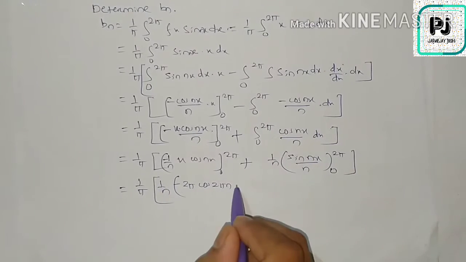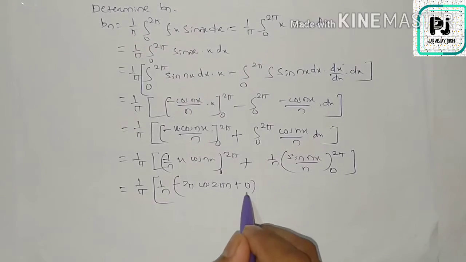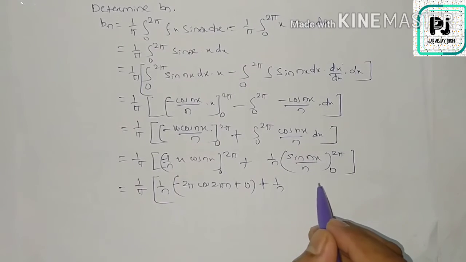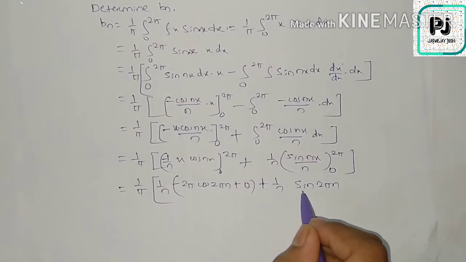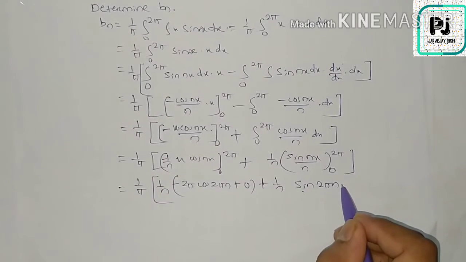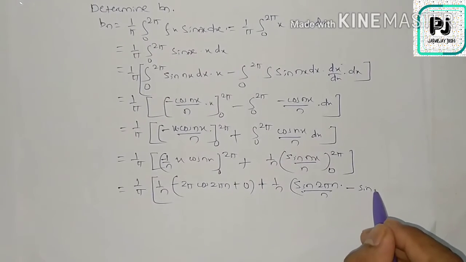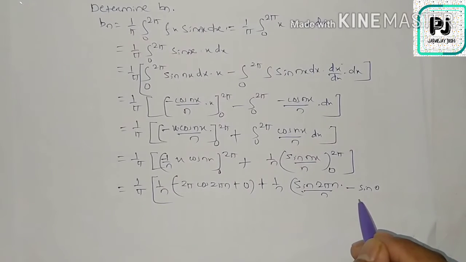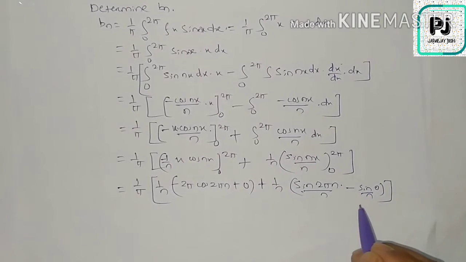So minus, the value will be 0, plus 1 by n sin nx, 2 pi into 2 pi n divided by n minus sin 0 divided by n. You can write that divided by n and close the bracket.